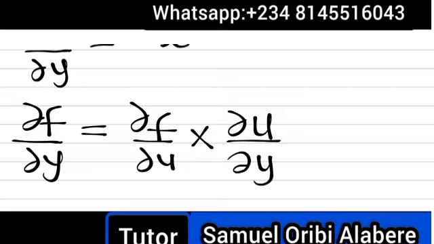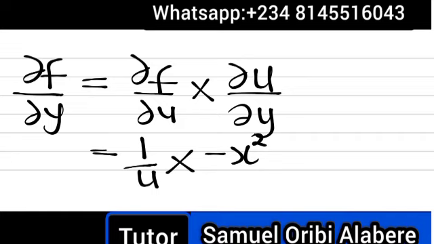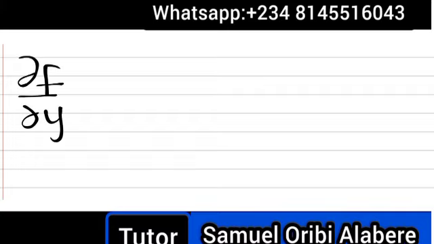So when we substitute our values that we have gotten from our solutions, it will then be equals to 1 all over u multiplied by negative x raised to the power of 2. So that is to say that our partial derivative of f with respect to y will then be equals to negative x raised to the power of 2 all over u.